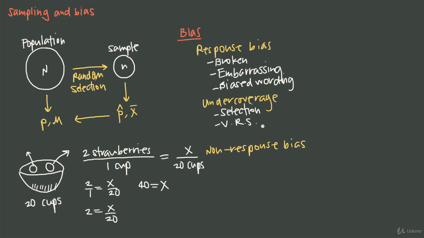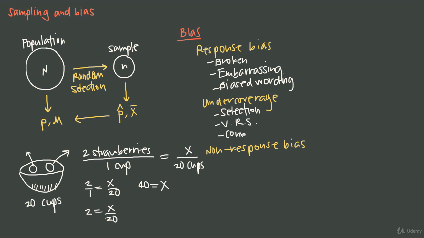Maybe they have more time on their hands. Maybe they're more enthusiastic or passionate about whatever it is that I'm trying to survey. Maybe they have access to resources that allow them to take my survey, whatever it is. But basically, I'm leaving out the entire group of people who, for whatever reason, choose not to respond to the survey. So I'm introducing bias there if I'm just going off of voluntary response sampling.